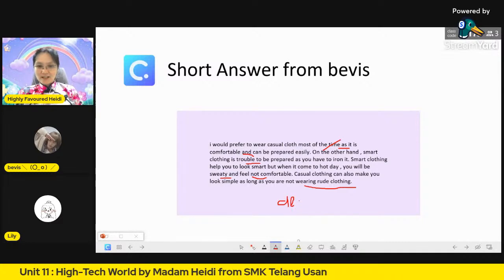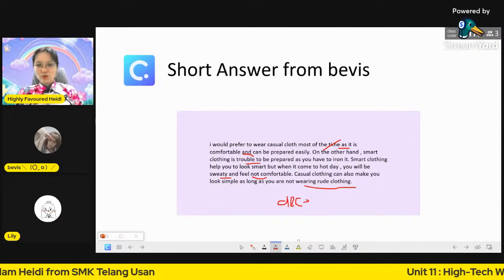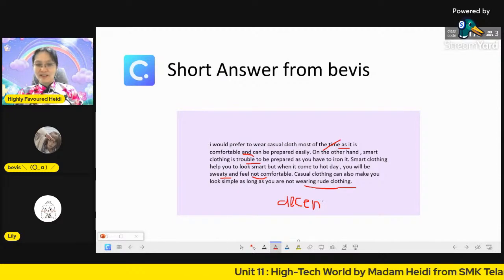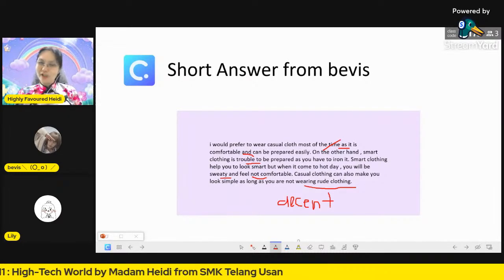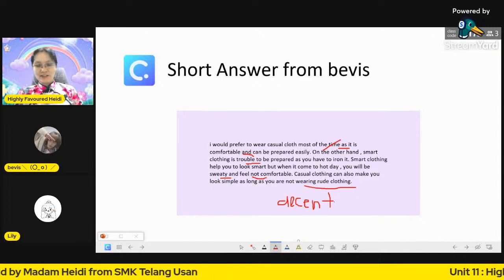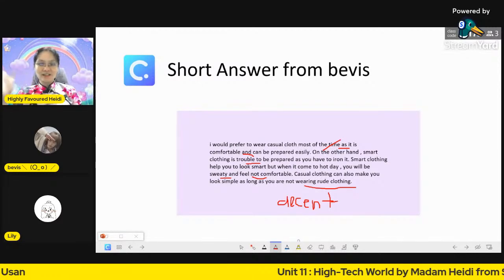Decent means you don't wear super short shorts, and you don't wear clothes which are very bare on top, as if there's not enough cloth. Or too tight, to reveal a lot of things.